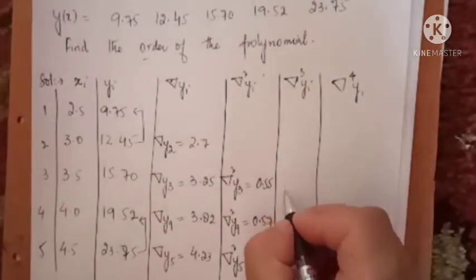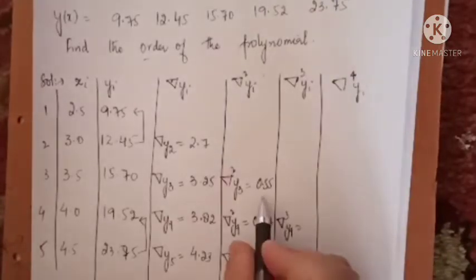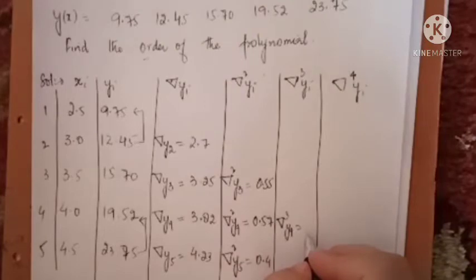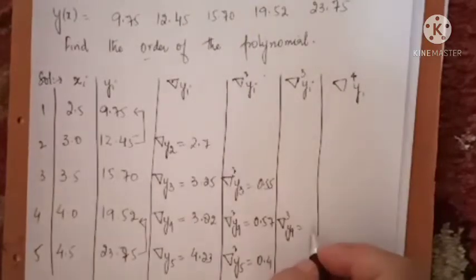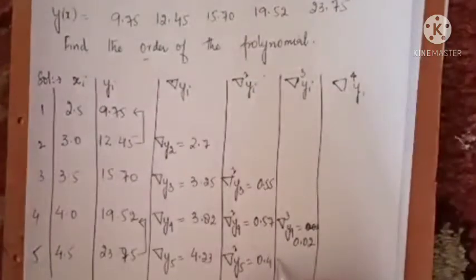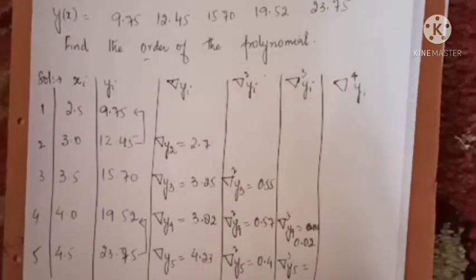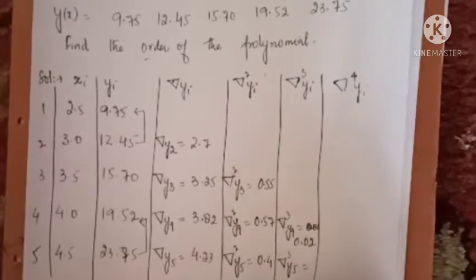Now the third order. The third order of y4 will be the difference between these two, so the value will be equal to 0.02. Let me write it over here. Cube of y5 will be equal to 0.4 minus 0.57, so it will be minus 0.16.